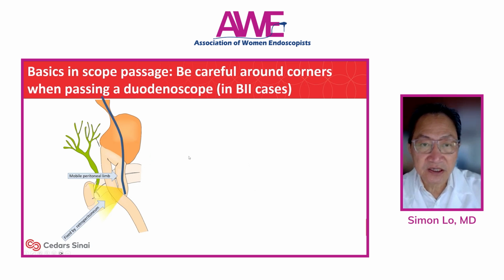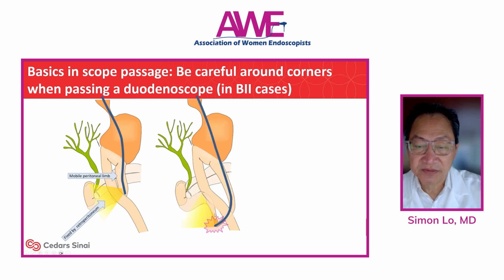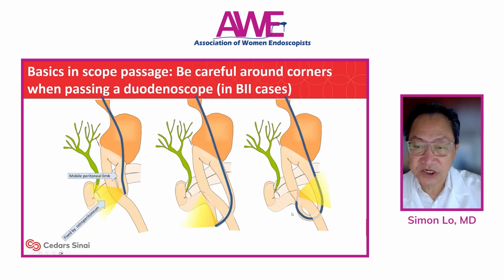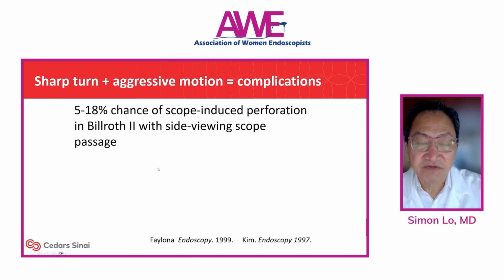If you're using a duodenoscope for a Billroth II type procedure, you have to watch out for these fixed angulated areas, because the duodenoscope has some blind spots, and during the maneuver of negotiating around this area, you can perforate the lumen at the angulated position. In fact, 5 to 18% scope-induced perforation is the risk quoted in passing a duodenoscope through Billroth II type anatomy.